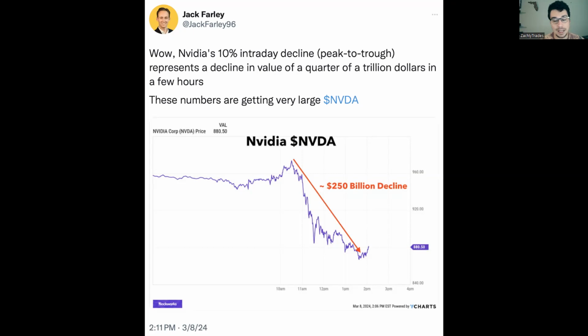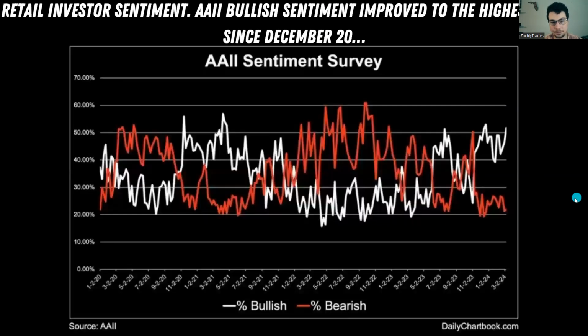But NVIDIA is still a very volatile stock, even with its large market cap. It's actually catching up to Apple in market cap and potentially going to overtake it. All right, a $250 billion decline is massive, right? And that's just tons of money flowing out of the market cap. And again, that's only from a 10% intraday decline from peak to trough.